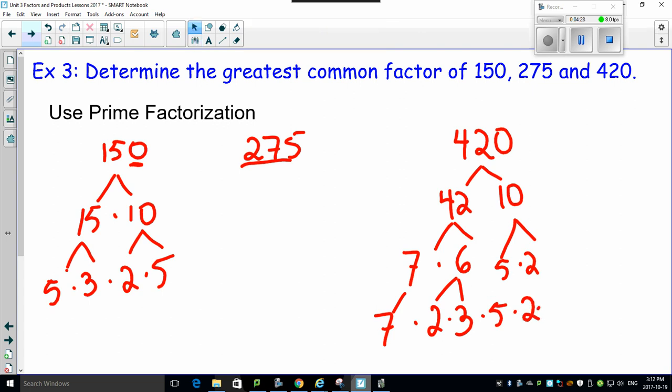Now, why did I leave 275 to the last? Because each one of these ends in 0, and you notice that the factor I used automatically is 10, right? Keep it simple. Now, look at this one. Not only does it end in 5, it ends in 75, which means 25 can go into it.